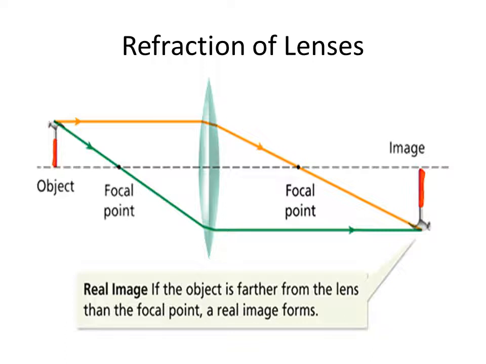So if we keep the object away from the focal point of a lens, then the lens will form a real image which is inverted.